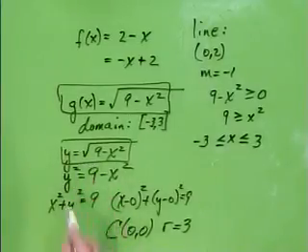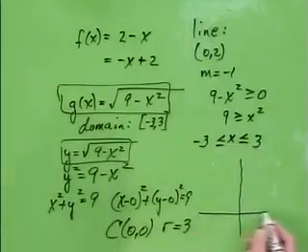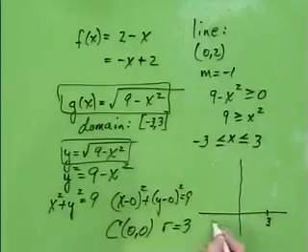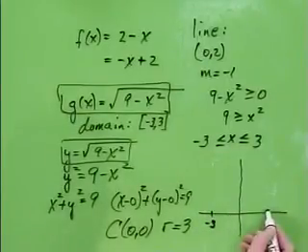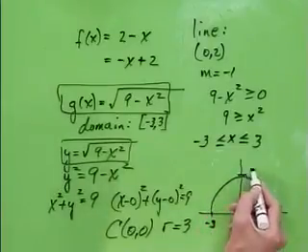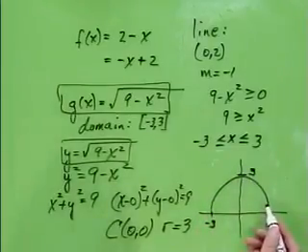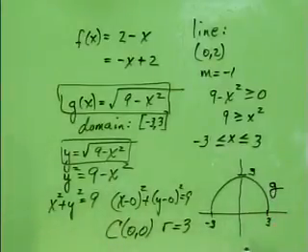So what this tells me is it's the upper half of the circle. I think I can just sketch this over here on the side. If I go out to 3 and back to negative 3, that represents the domain. And if I draw a semicircle of radius 3, so that makes this 3 up here, that is the graph of the function g. I'll just put a g beside it.